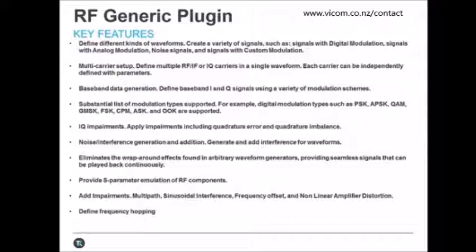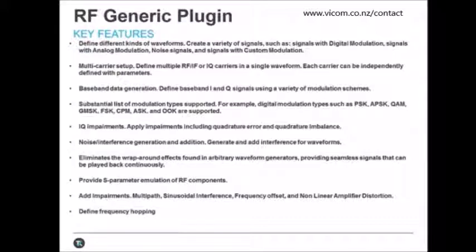So the IQ impairments give you the capability of creating specific impairments that you want to test your receiver with, to see that your receiver can handle certain anomalies, like I mentioned before, that are in the real world environments that we see today. So you can also include noise interference, so again, to be able to build real world situations.